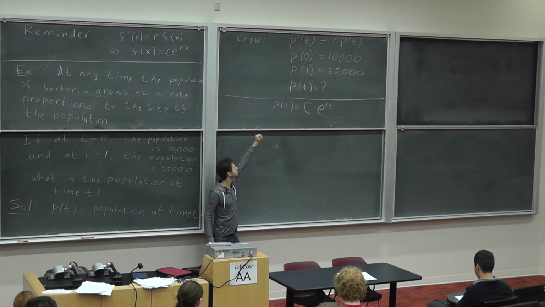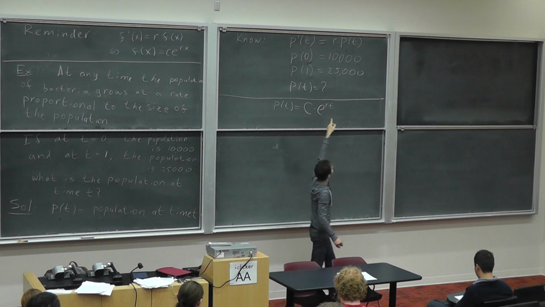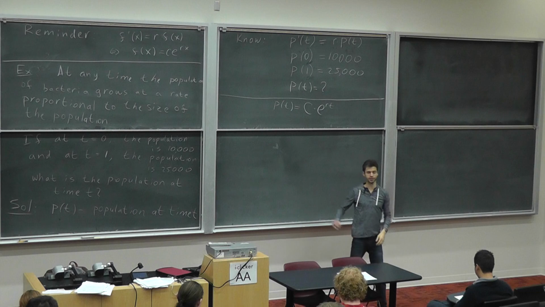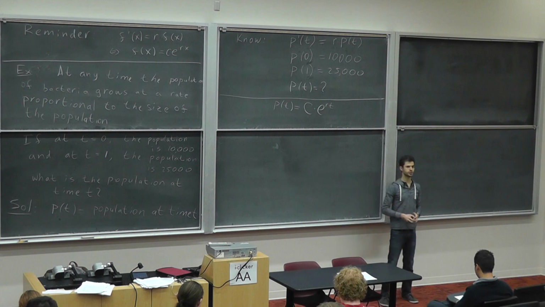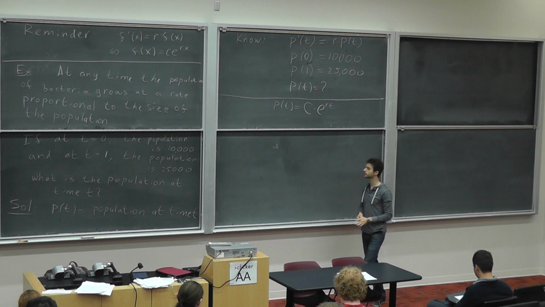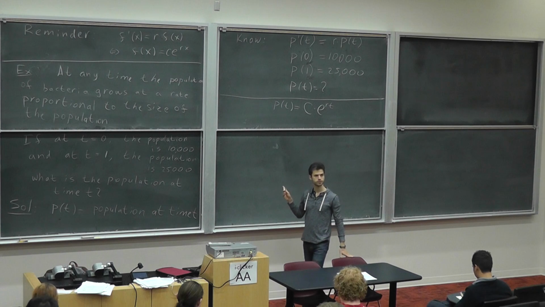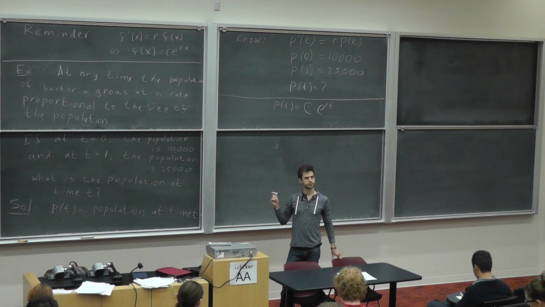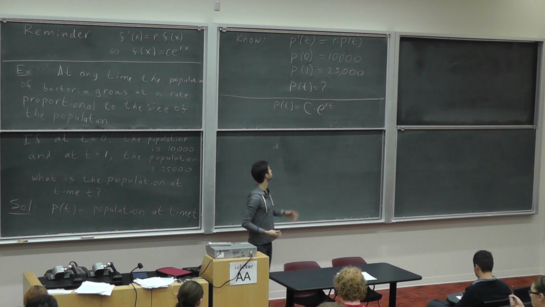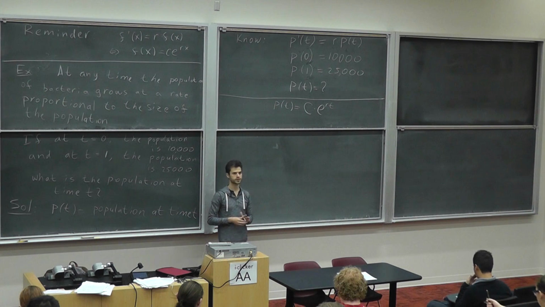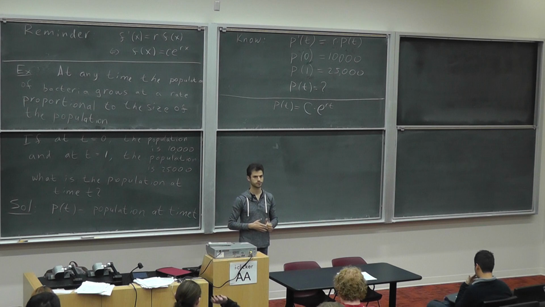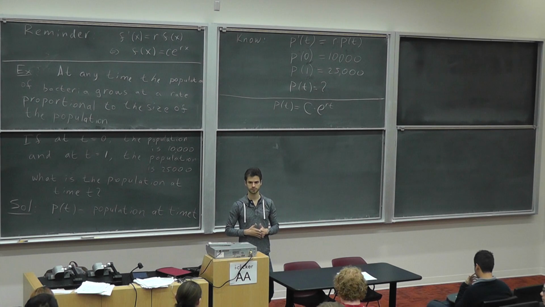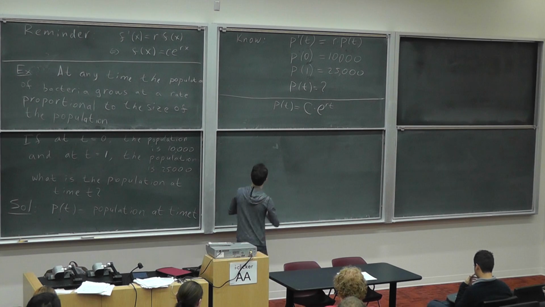So I'll use those. How can I use the second line, P of 0 is 10,000, to gain some information about c and r? Make a system of equations with P of 0 and P of 1, and then solve for r. Okay, so let's do it.